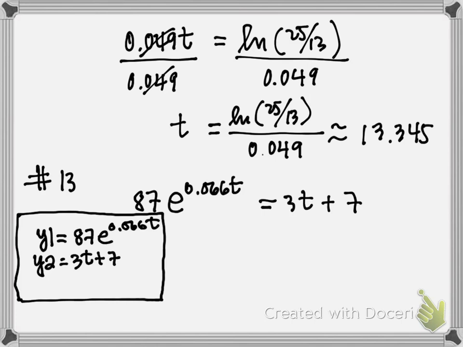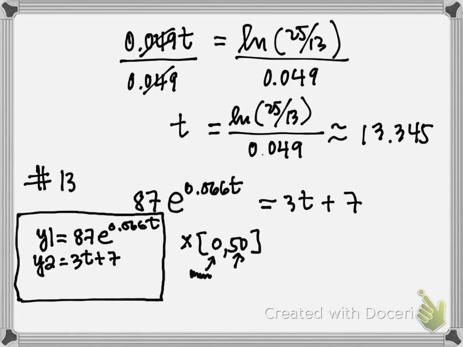The best window for this would be x from 0 to 50, meaning for the x minimum put 0, and for the x maximum put 50.